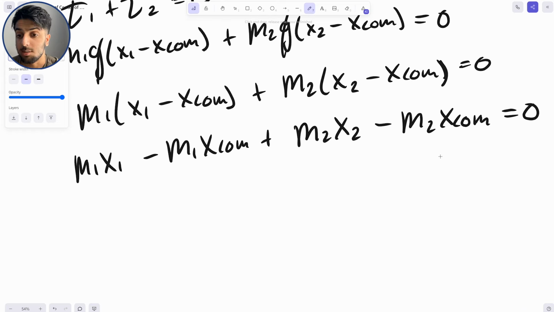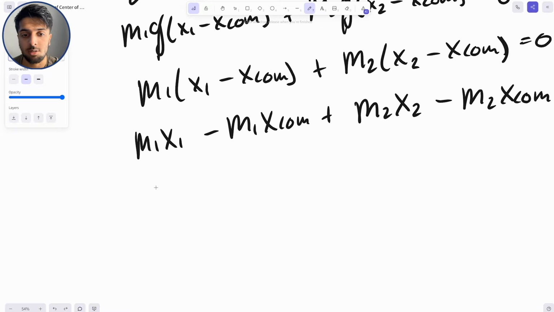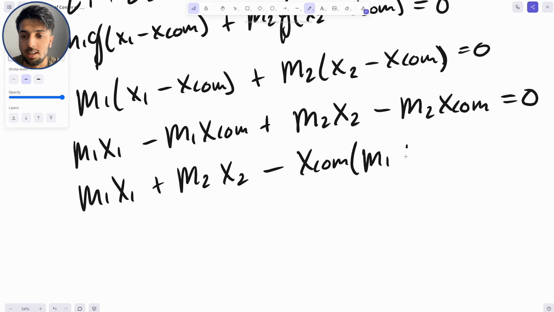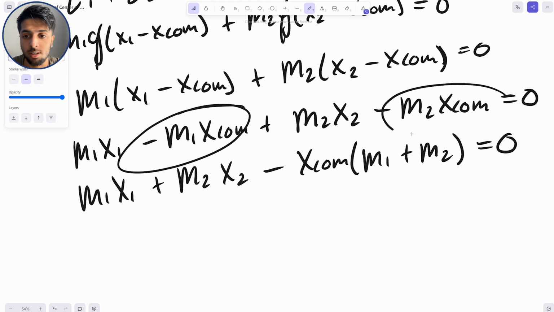We can collect some like terms here, as we have two values with x center of mass. We can gather those and factorize x center of mass out. So we get m1 x1 plus m2 x2 minus x center of mass times (m1 plus m2), and that will equal 0. So you can see how we factorized x center of mass out of these two values right there.